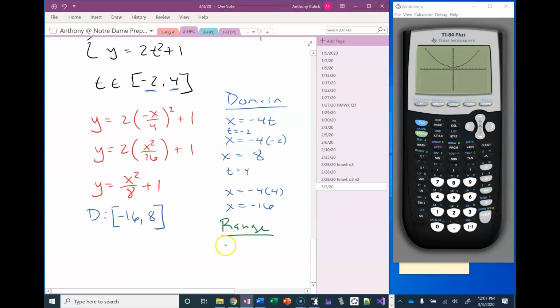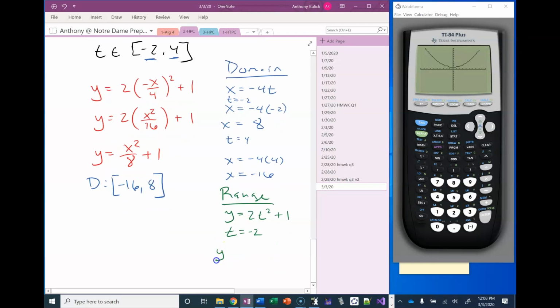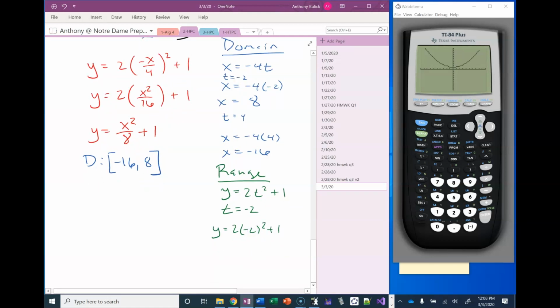So to do our range, we're going to use the y equation. And we're going to do the same thing. We're going to start by plugging in the boundaries for t. Let's see, that's 17.